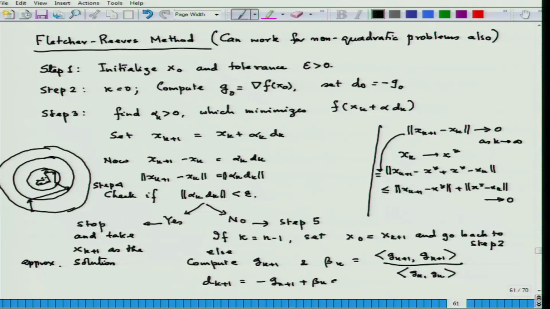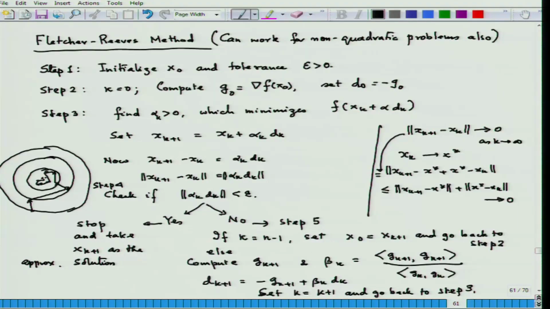Once you have that, set k equal to k plus 1 and go back to step 3.